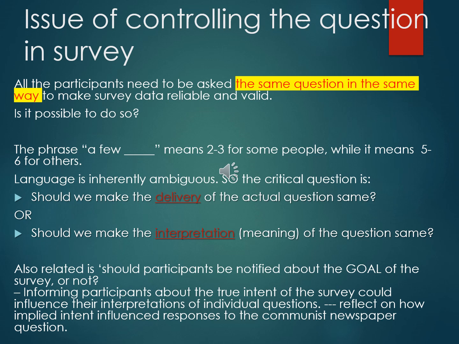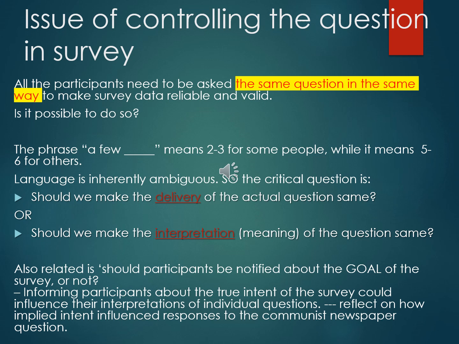Language is inherently ambiguous, so the critical question is, should we make the delivery of the actual question the same, or should we make the interpretation of the meaning of the question by the survey respondent the same? Obviously the goal is that the interpretation should be the same, but is it possible?